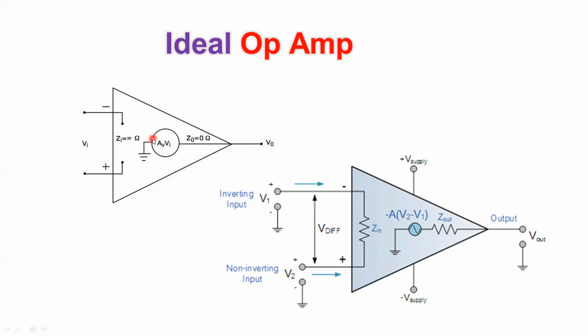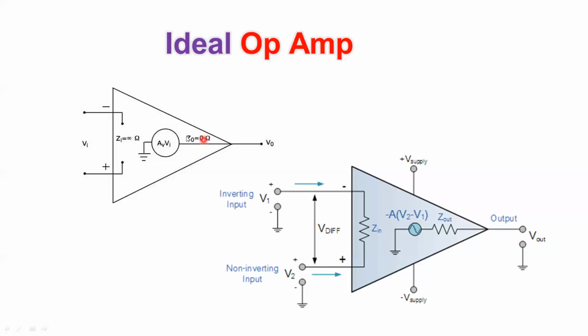What if this gain is very high? That's great, we have a high gain, no problem. But what if this gain is equal to infinity? When this gain is equal to infinity, you will have an output equal to infinity, because simply V output equals A times V input.